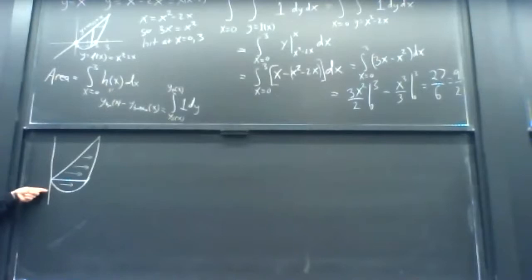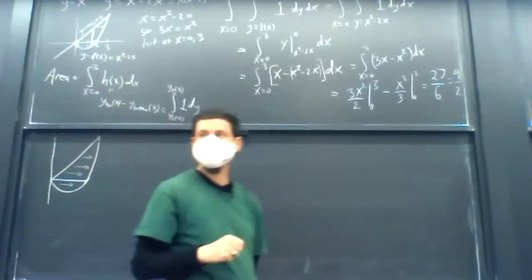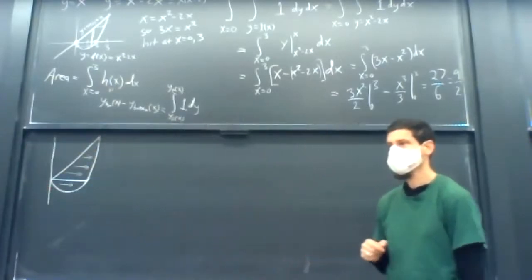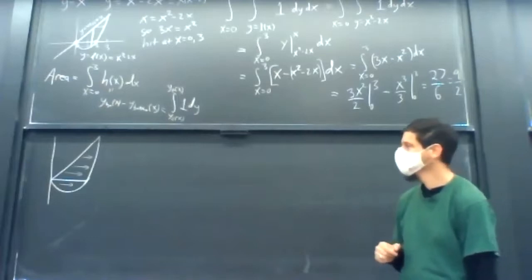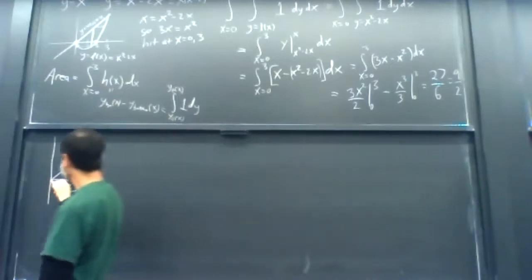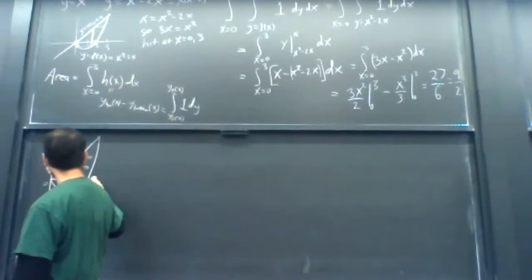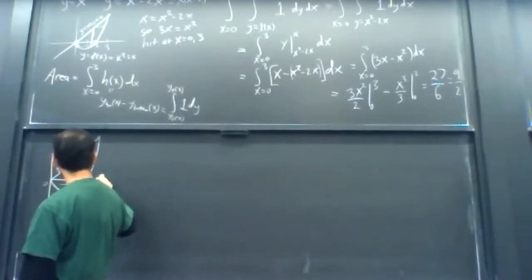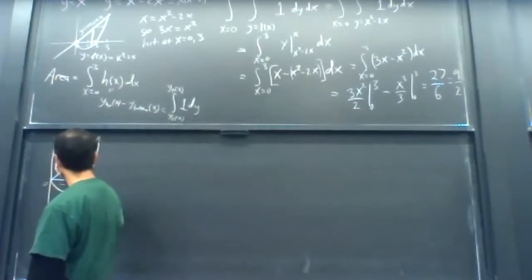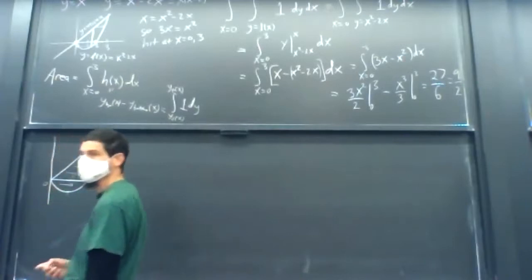What's the lowest value of y? So we know this is the point 0, this is the point 2, not drawn to scale, that's the point 3, this is the point 1 over here.